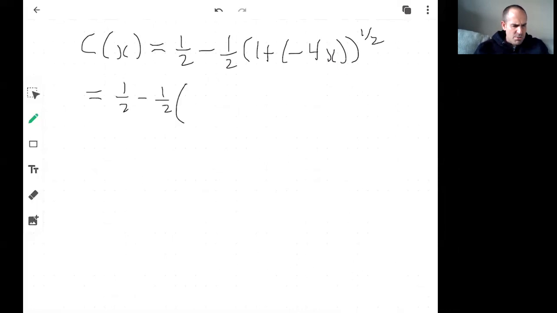Well, this is a 1 plus thing raised to the 1/2. It's going to be 1 plus alpha falling 1, where our alpha is 1/2 here, over 1 factorial, x to the 1, but x here is like negative 4x. So it's negative 4x.